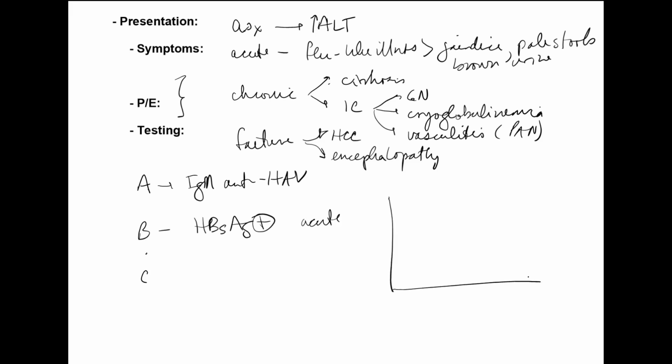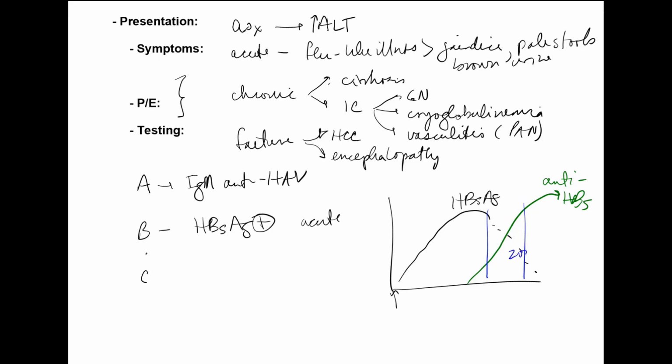If one takes a look at the disease, from the time of infection, the hepatitis B surface antigen rises, and later then one forms the anti-hepatitis B S antibody.